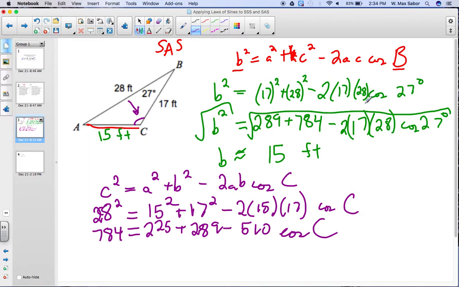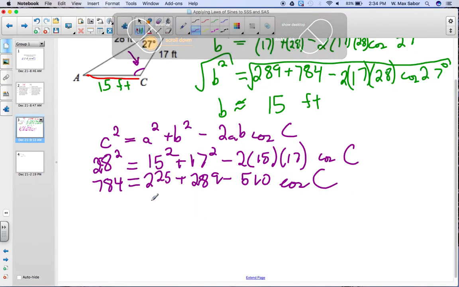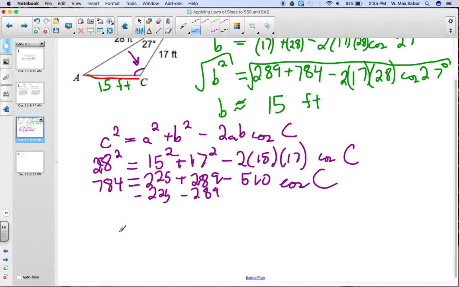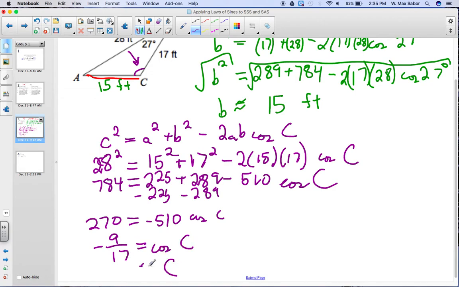So now we move these to the other side by subtracting 225 and 289. We're going to get 270 equals negative 510 cosine C. Divide by negative 510 and get negative 9/17 equals cosine of C. And that tells me that C is approximately, taking the arc cosine, 122 degrees.